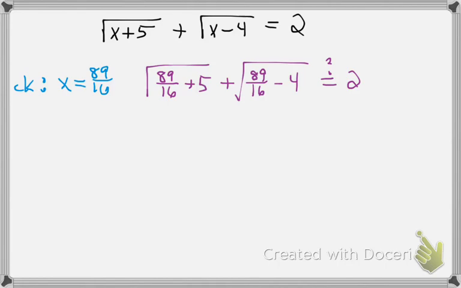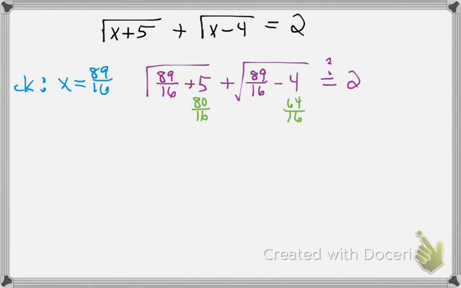Now you do have your calculators to do this for you, and that's fine. In terms of sixteenths, 5 would be 80 over 16. Four would be 64 over 16.